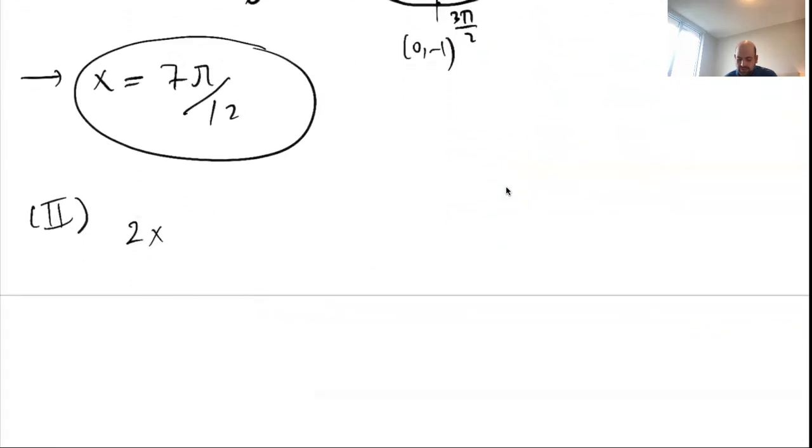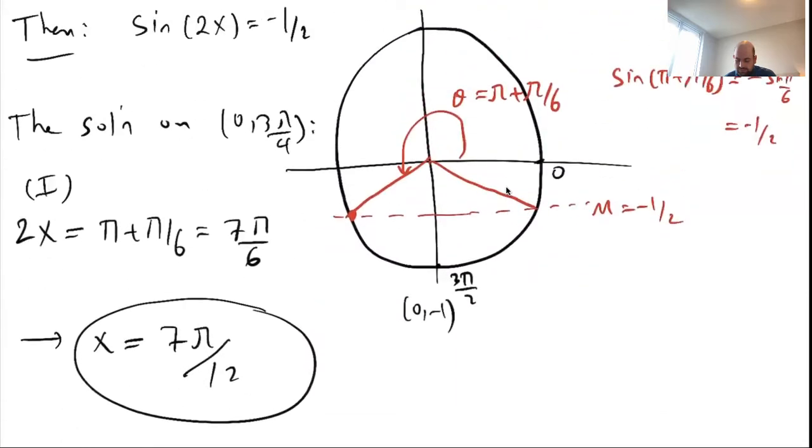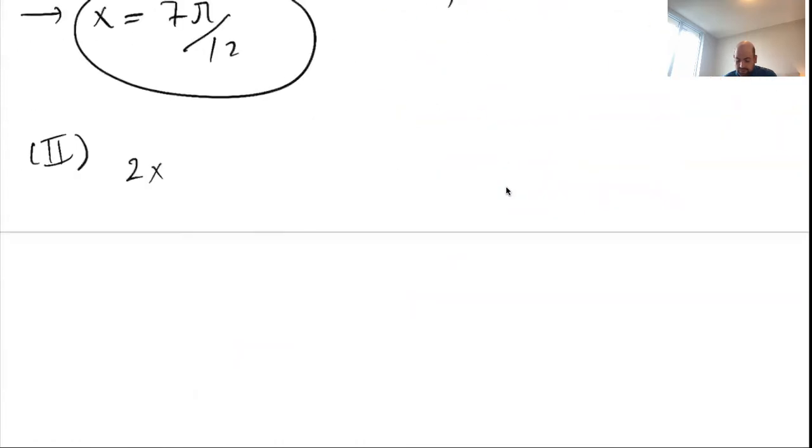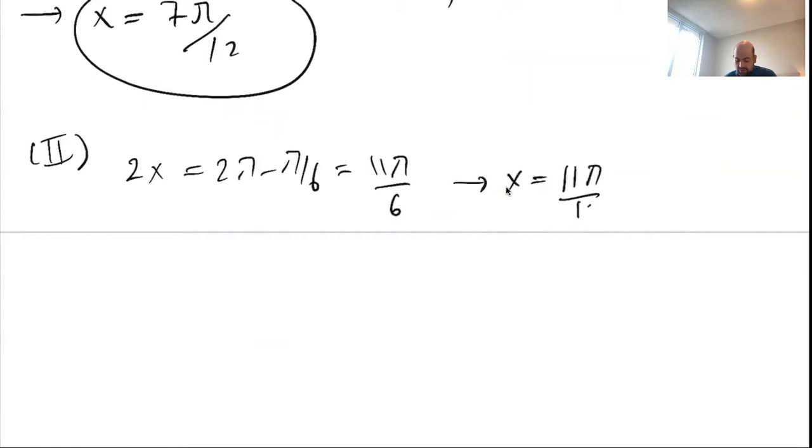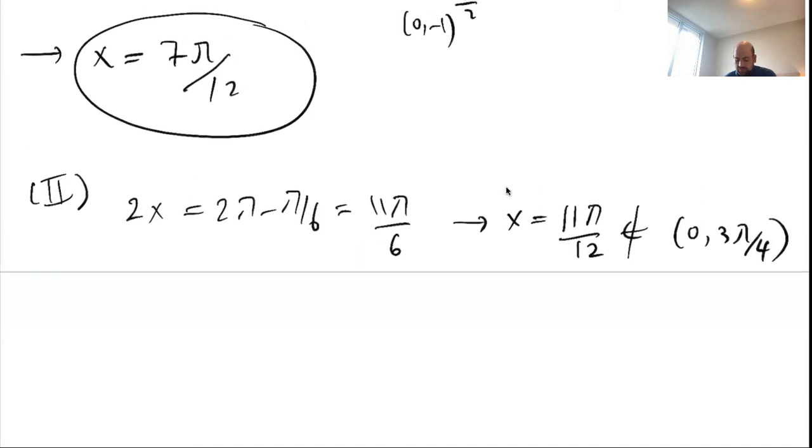So if 2x equals this angle here, 2 pi minus pi over 6, that means 11 pi over 6, and then x will be 11 pi over 12, which is not between 0 and 3 pi over 4. So this one we reject.